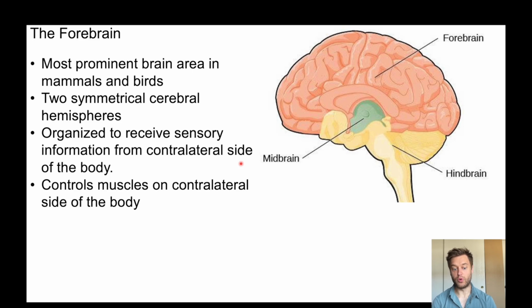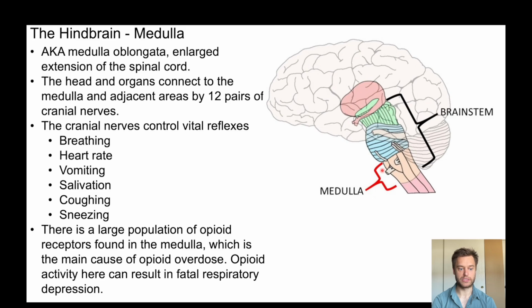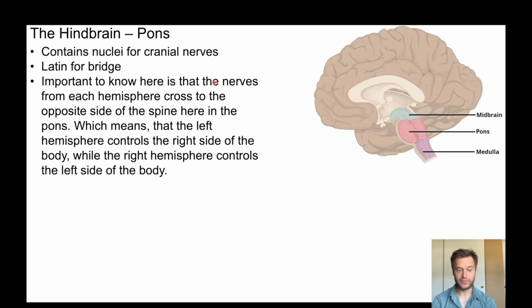Okay, so moving on to the forebrain. It's the most prominent brain area in mammals and birds. Again, there are two symmetrical cerebral hemispheres, and it's organized to receive sensory information from the contralateral side of the body. I already talked about this in the hindbrain, when we were talking about the pons: the nerves that are coming up through the spinal cord flip to the opposite side once they get to the pons.